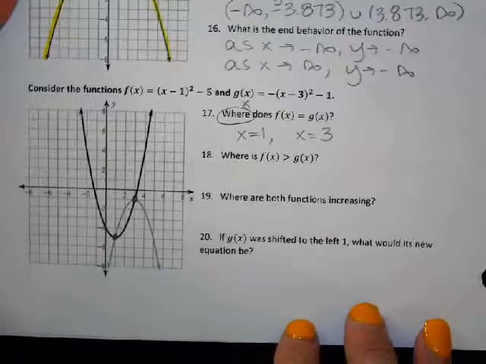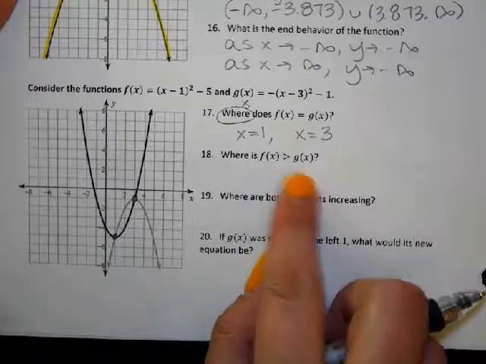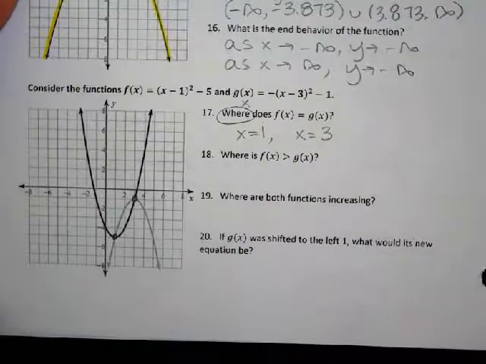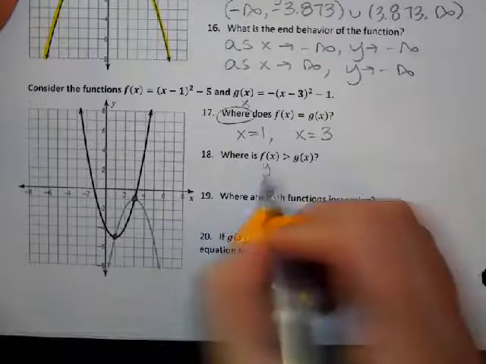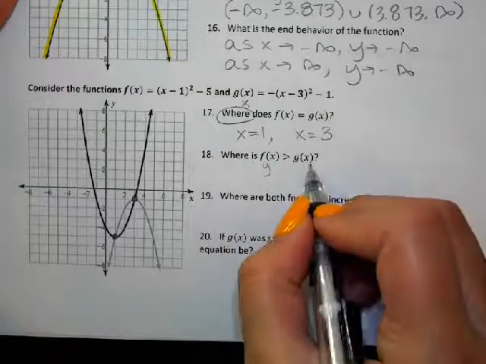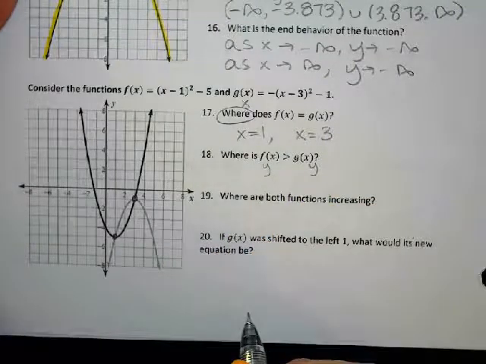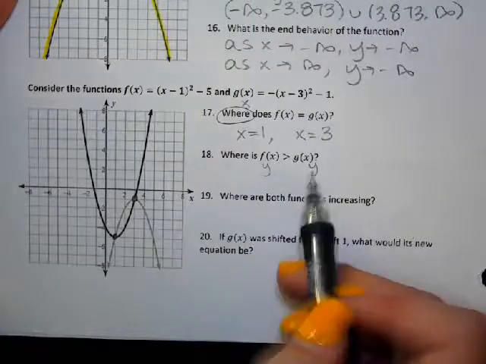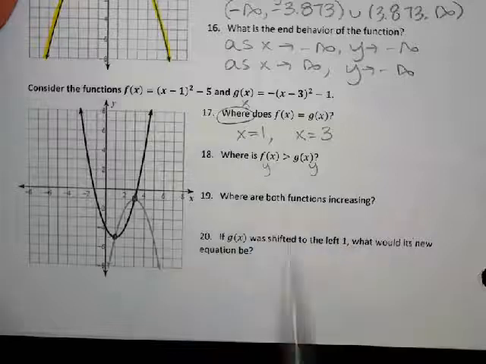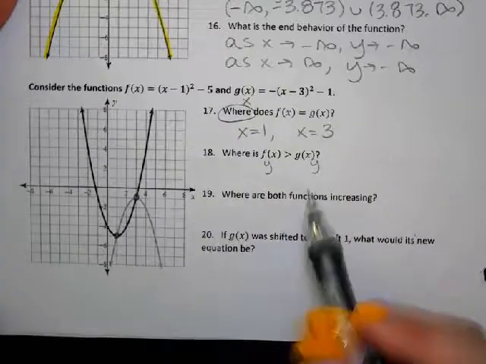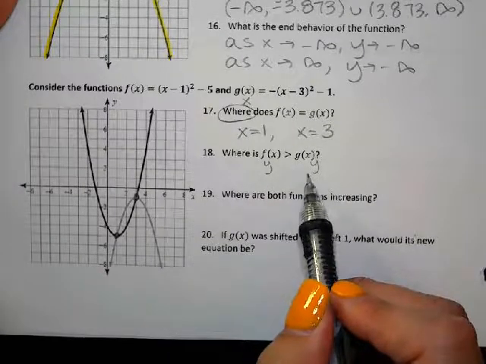Now, those are both different ways of saying y coordinates, okay? So here they're saying the y coordinate of the function f of x. Here they're saying the y coordinate of the function of g of x. Does that make sense? So they're saying, where are the y values of one function bigger than the y values of the other function? And for us, we can tell where y values are bigger when they are higher up on the graph.